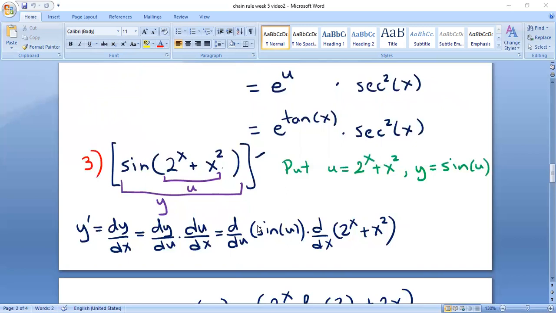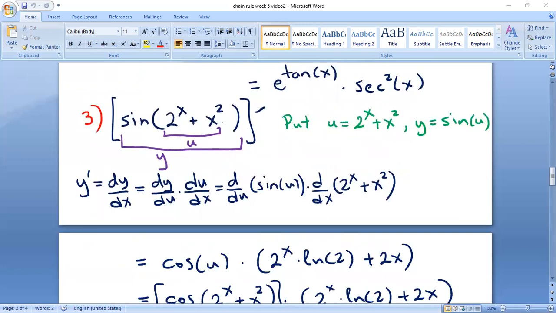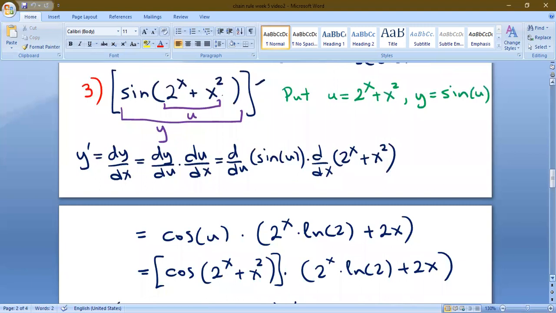And then we write the chain rule, y with respect to u times u with respect to x. So sine of u with respect to u will be cosine of u, and 2 to the x plus x squared with respect to x will be 2 to the x times ln 2 plus 2x. And then we put u back and we get the result.